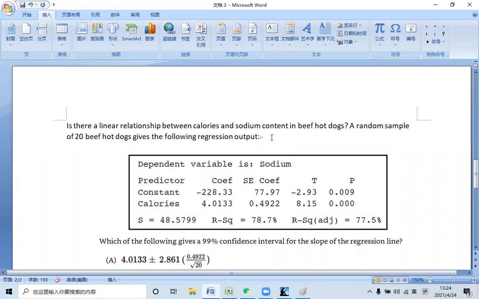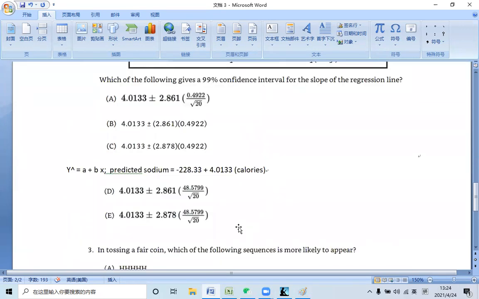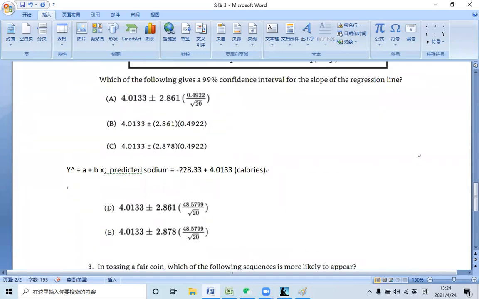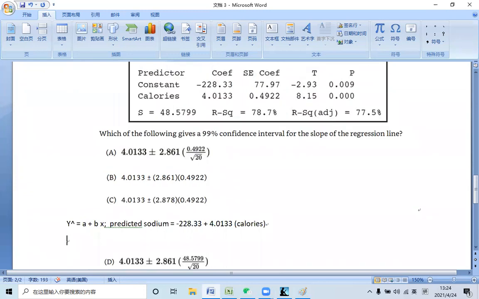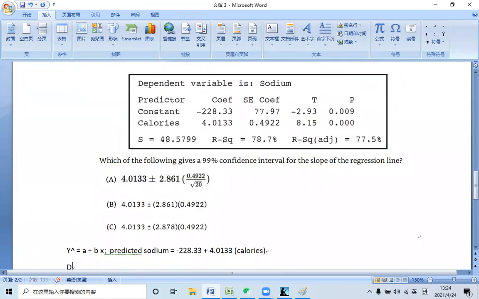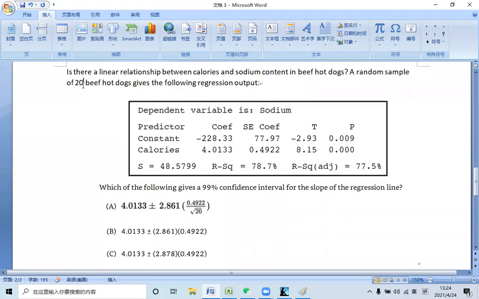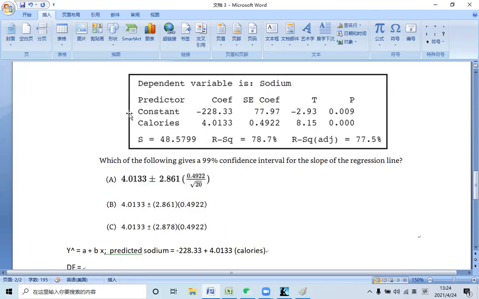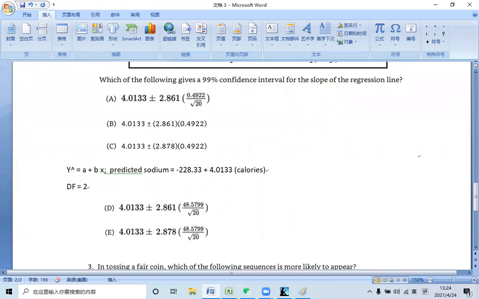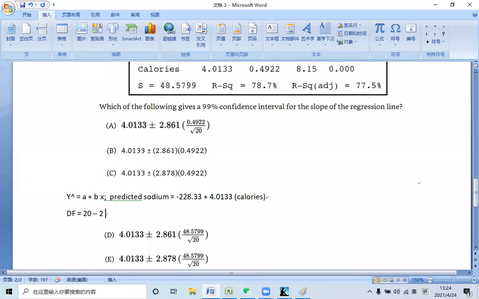This one would be the t curve, t distribution. Let me write it here. With a t distribution, you need the degrees of freedom. For this one, degrees of freedom would be how many items you have, 20, and there are two variables, minus 2, that is 18. So degrees of freedom is 18.